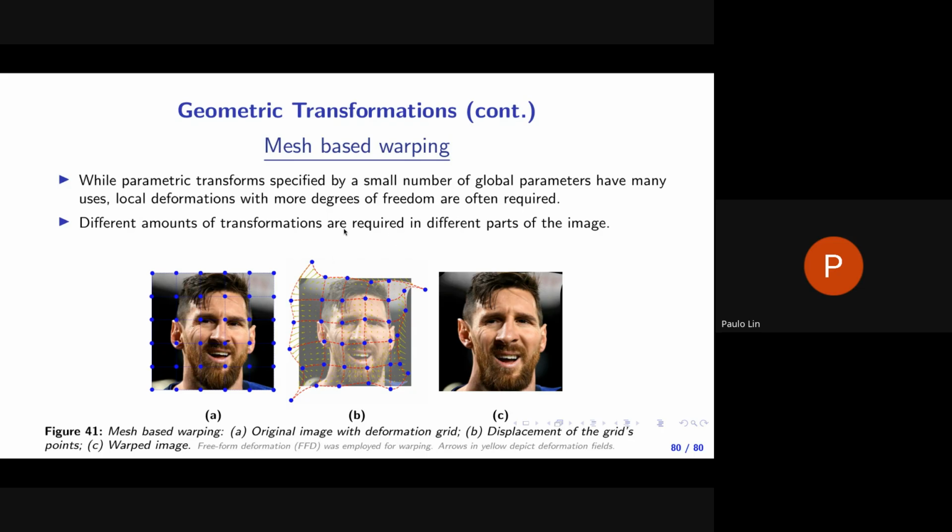For instance, we have an example here. We start with an original image. We find the grid points on this image, and we shift the points comprising the grid. And after we shift the points in the grid, we're basically performing a geometric transformation, or we're warping the original image. In this case, this example corresponds to free-form deformation, which is a very common technique in CAD.